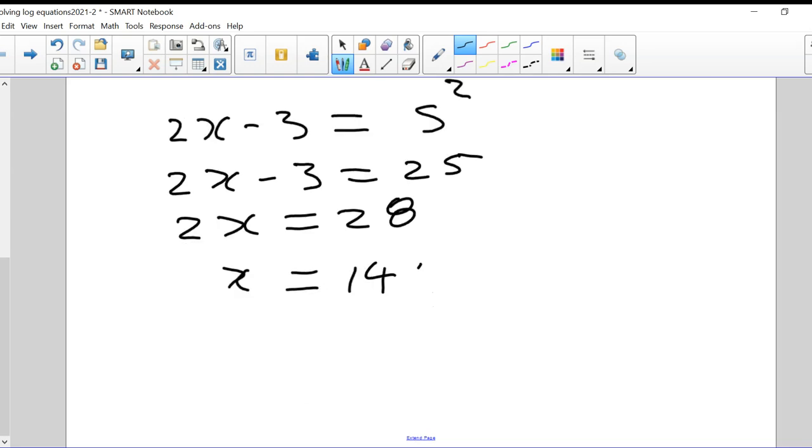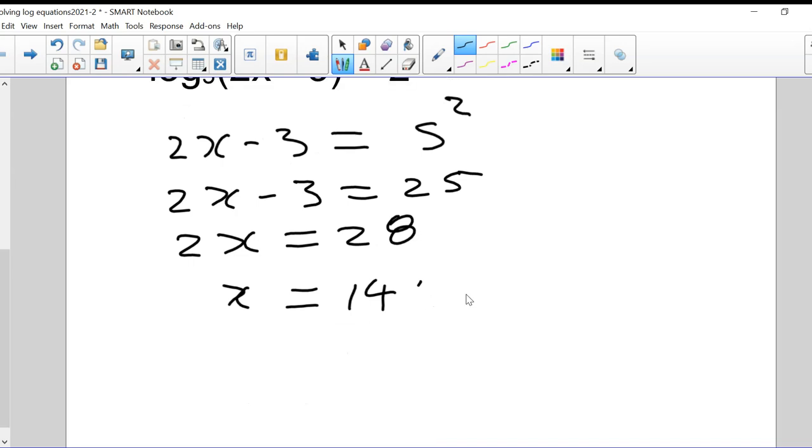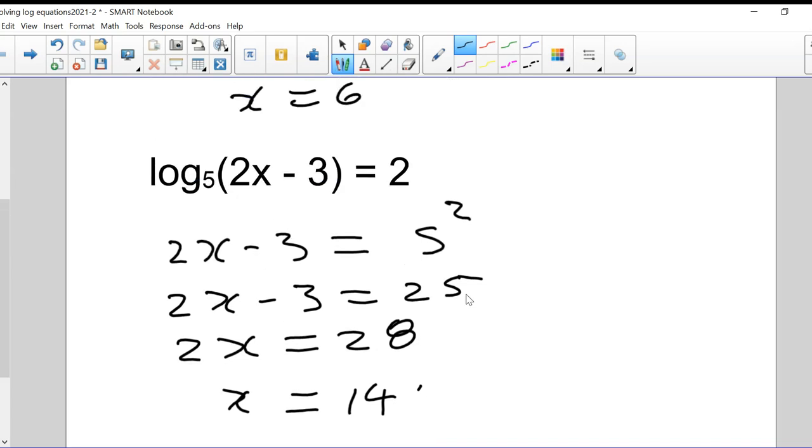Now, I should warn you that one of the things you want to do when you're solving log equations is always compare your answer against the original equation. It has to be the original equation. There are times when, and you will get some of those questions in a minute, there are times when that answer that you get is what we call extraneous.